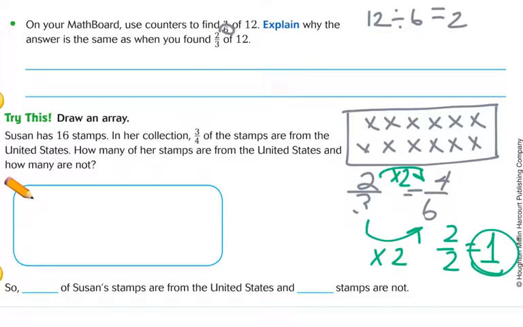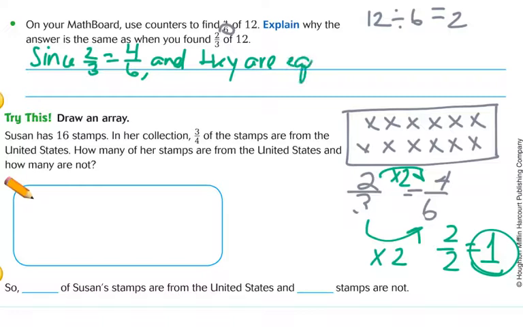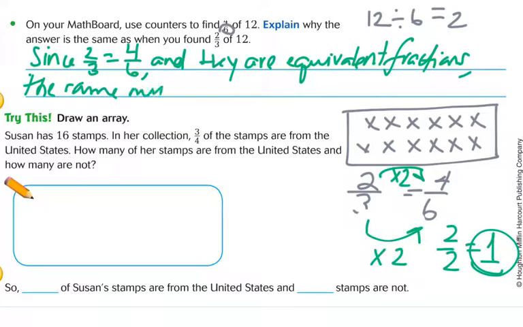So we know that because these are equivalent fractional relationships, 2/3 is equal to 4/6. I'm going to put down, and they are equivalent fractions, comma, the same number of counters will be circled.